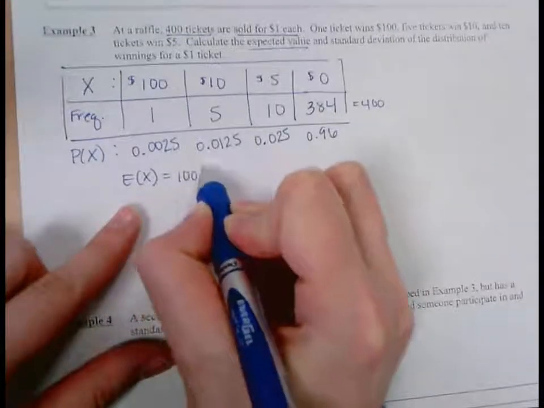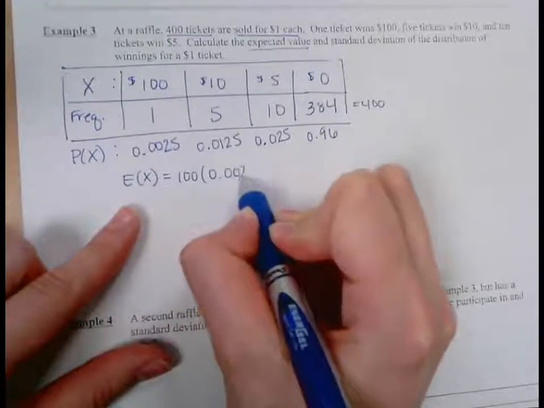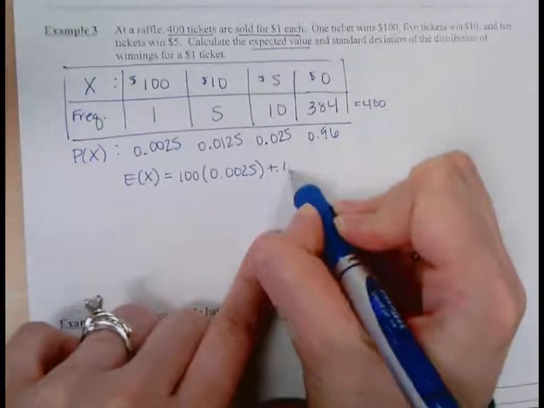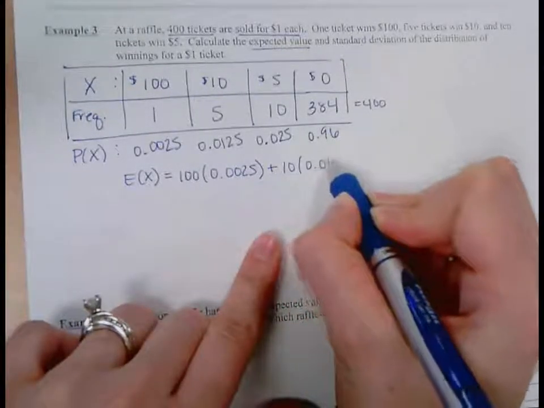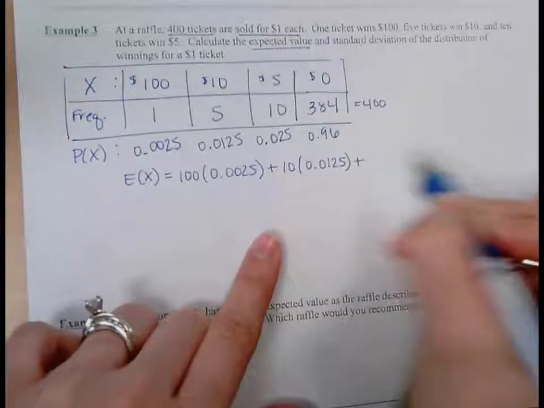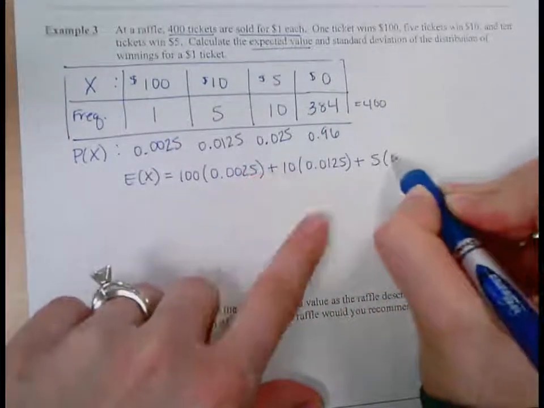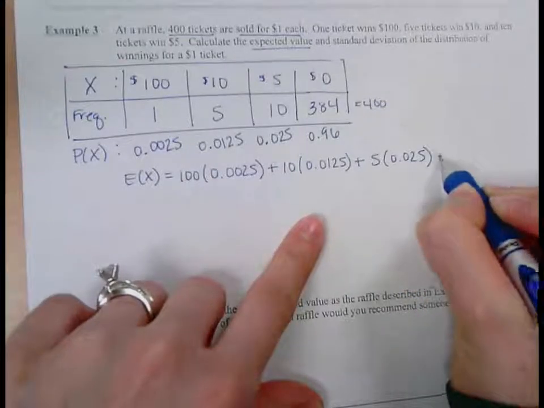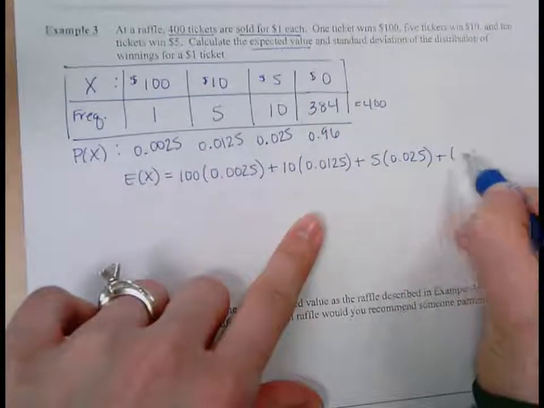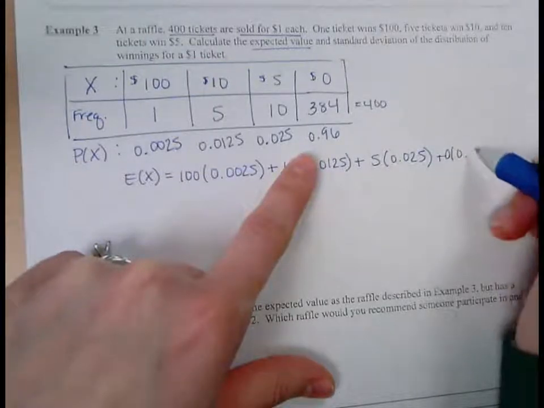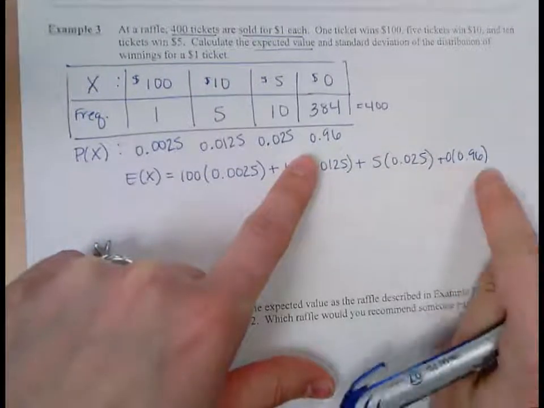So we would multiply 100 by 0.0025, plus multiply 10 by 0.0125, plus multiply 5 by 0.025, and then I'm still going to write it out, but I know 0 times 0.96 is just going to be 0.